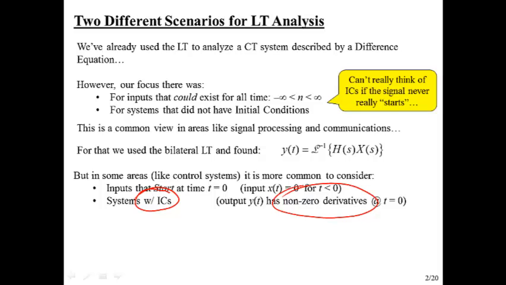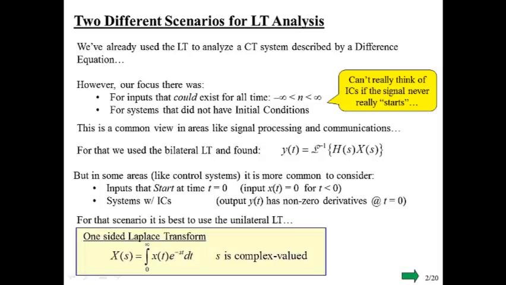So you'd have the output at time equal to 0, its first derivative at time equal to 0, maybe its second derivative at time equal to 0, and so on and so forth. And so just like with discrete time, whatever the order of your system is, you need to have that many initial conditions.